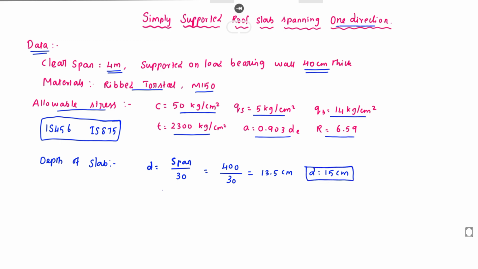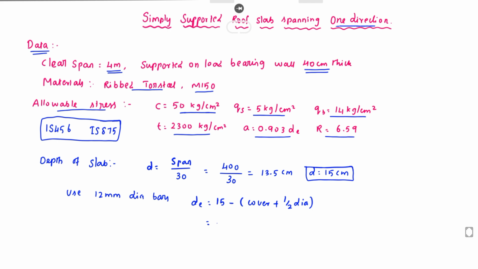Next is the effective depth, so use 12 mm dia bars. The effective depth DE equal to 15 minus cover plus half the dia of the bars.